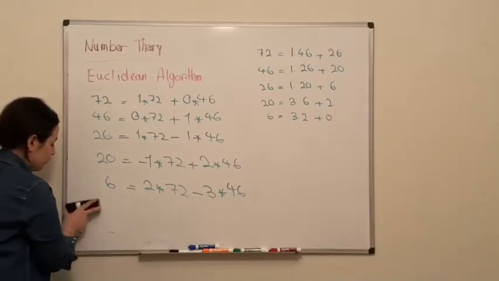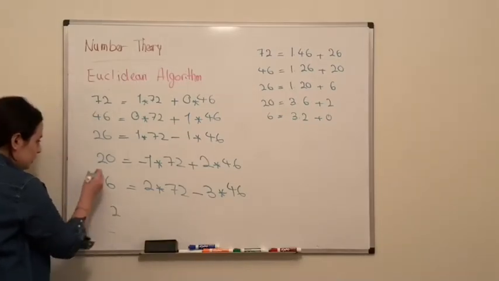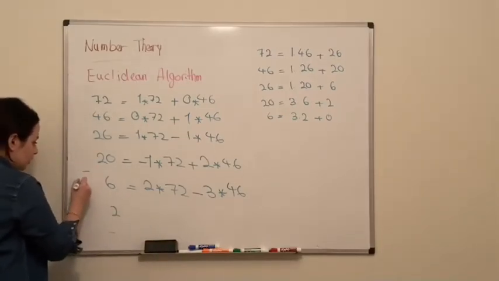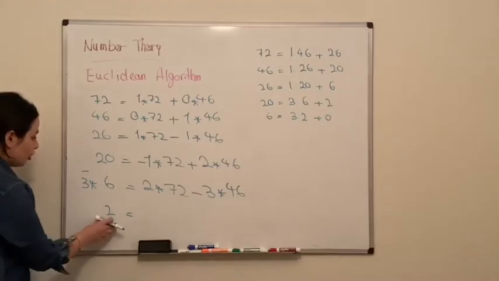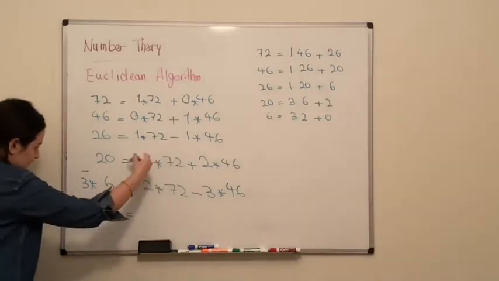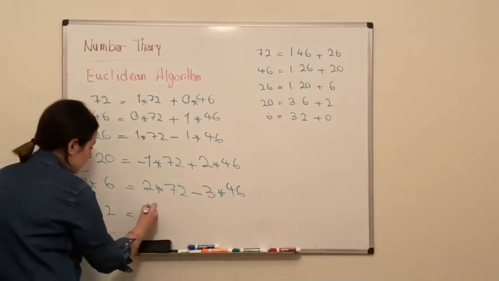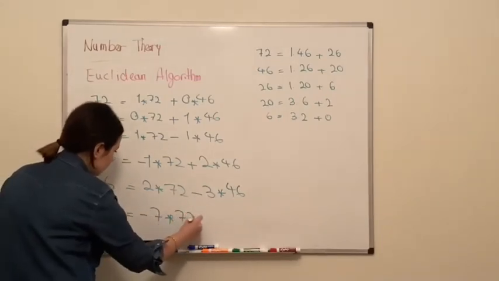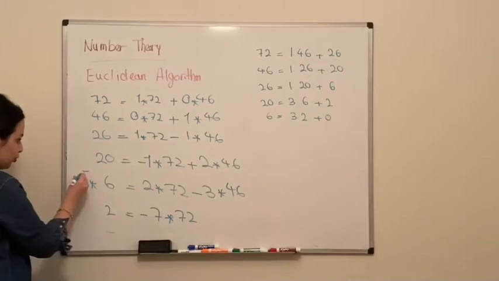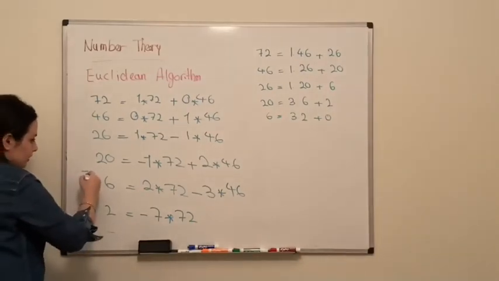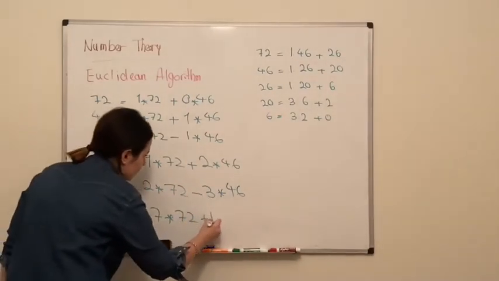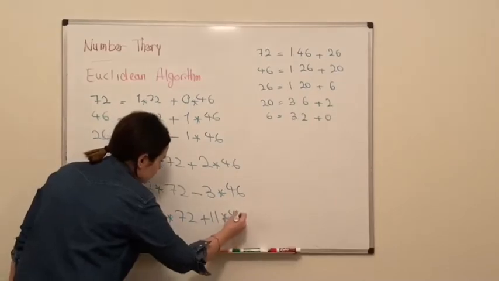So when I want to have 2, I do this: 2 will be negative 1 minus 6 of them, which is minus 7 times 72, and 2 minus negative 9, which is plus 11 times 46.